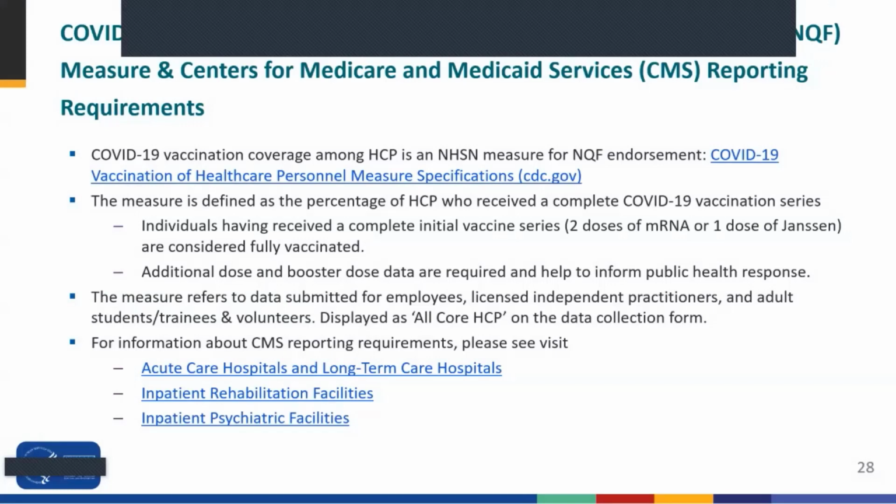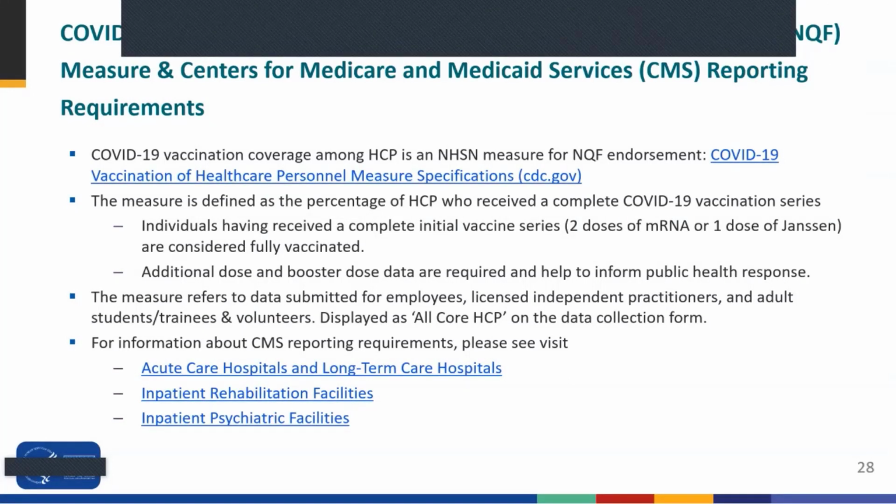COVID-19 vaccination coverage among healthcare personnel is an NHSN measure for endorsement by the National Quality Forum. The measure is defined as a percentage of healthcare personnel who received a complete COVID-19 vaccination series. For example, healthcare personnel who received 2 doses of the Pfizer or Moderna vaccines or 1 dose of Janssen are considered fully vaccinated.